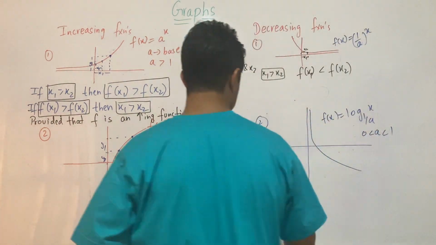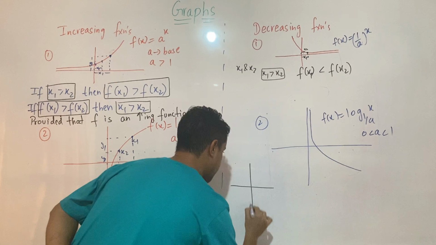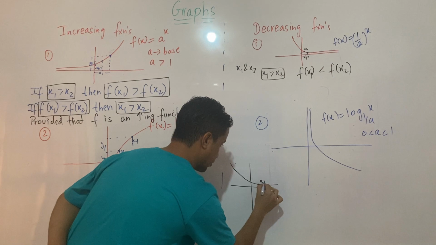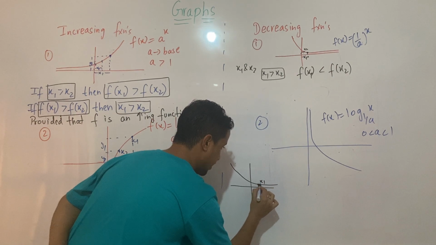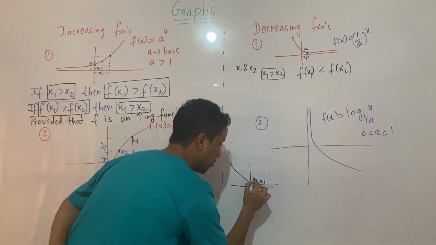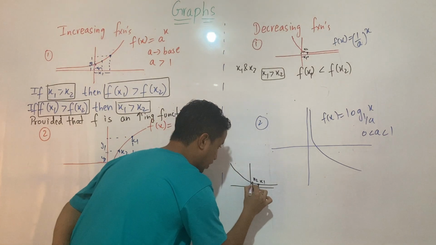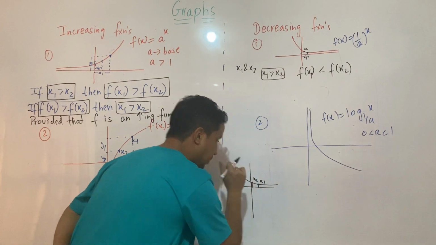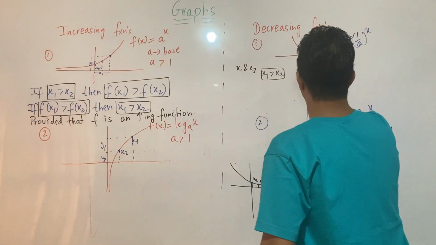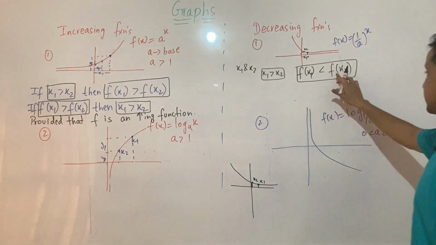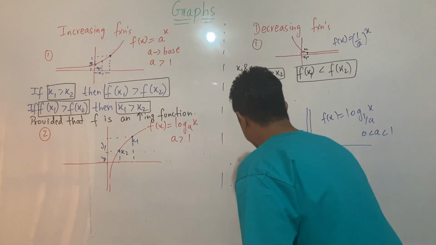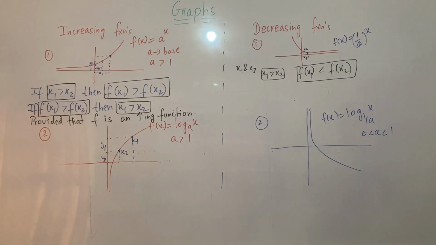See here, if you do not understand it, what I did is that here I took x1, so the value of x1 is this, and here I took x2. x2 is smaller than x1, but the value of the function f(x2) is going to be larger than the value of f(x1). So f(x1) is less than f(x2). Same we can see for this graph.